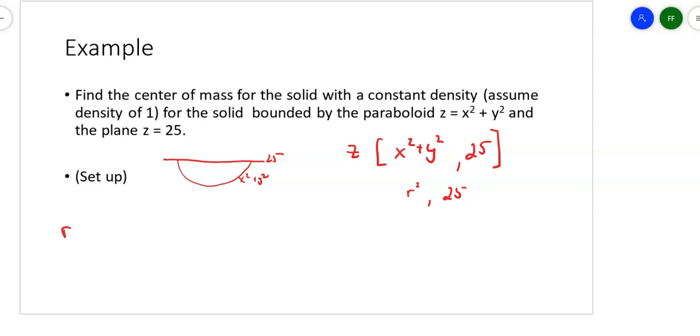So I have r values that go from 0 to 5. I have z values that go from r squared to 25. And then how about my theta values? Well, there's nothing that says we only want part of this paraboloid, so the theta values will go from 0 to 2 pi.